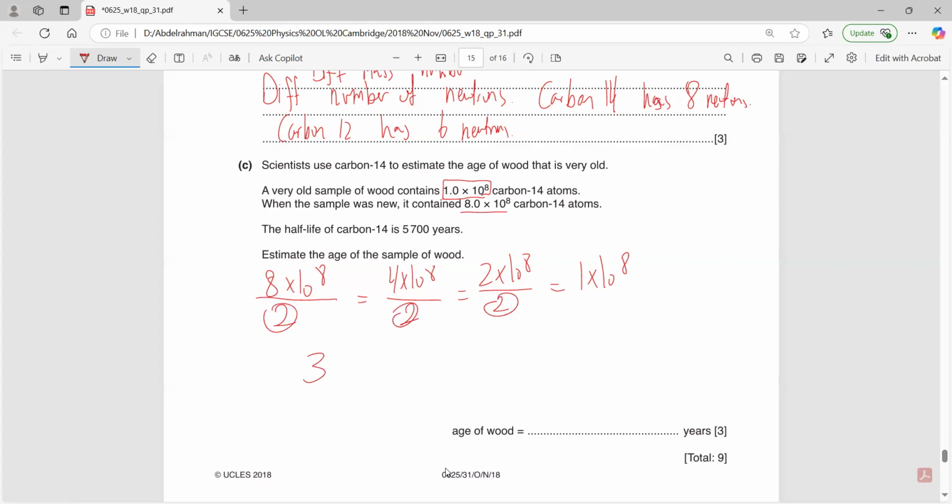So you had 3 half-lives, and each half-life was 5,700 years. 3 times 5,700 gives a total time of 17,100 years. That's all you need to do.